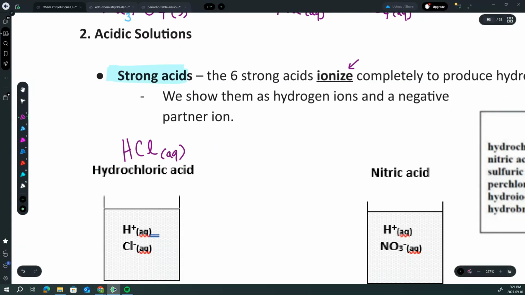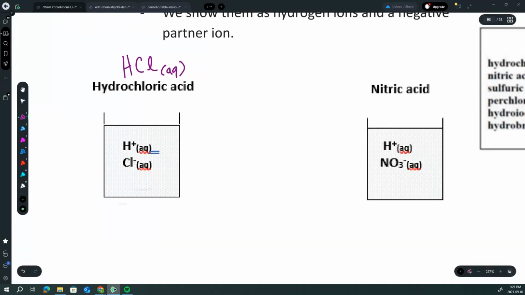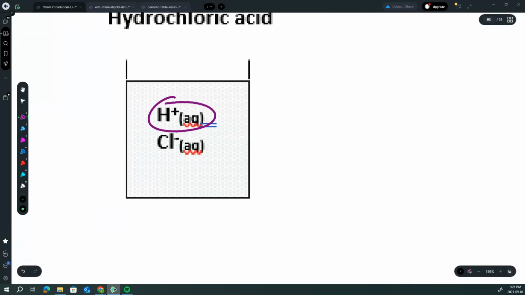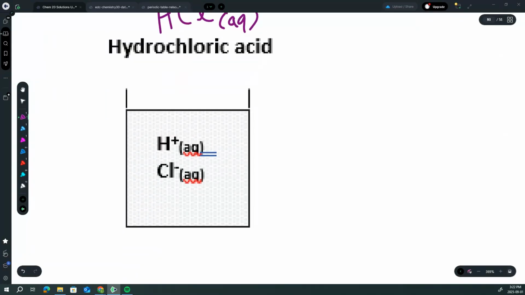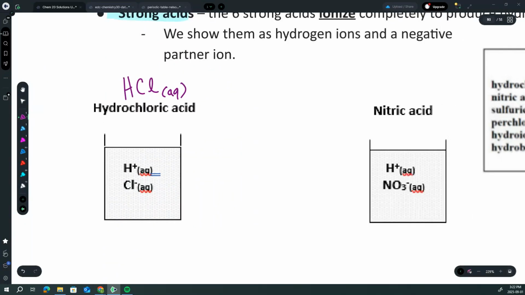So if you put hydrochloric acid in a beaker, it would exist as hydrogen ions as well as chloride ions. With these beakers here, they're showing you what chemical species are going to be present if you put whatever substance in water.